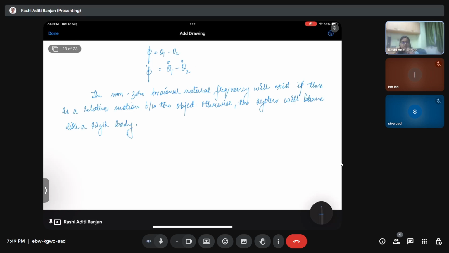Okay, it is very important. That is why we are considering this relative motion phi as theta 1 minus theta 2. I hope this is clear.